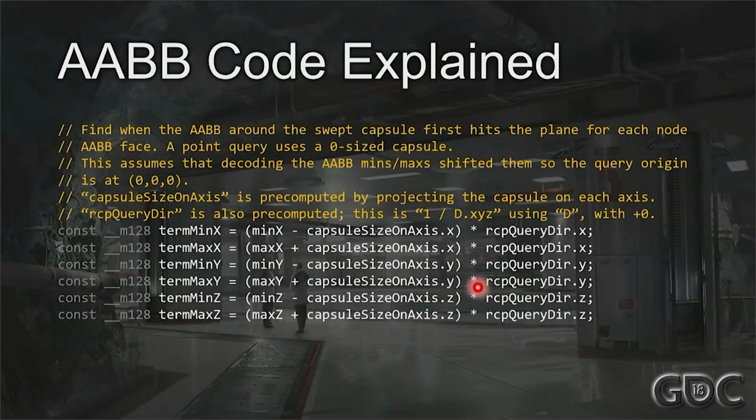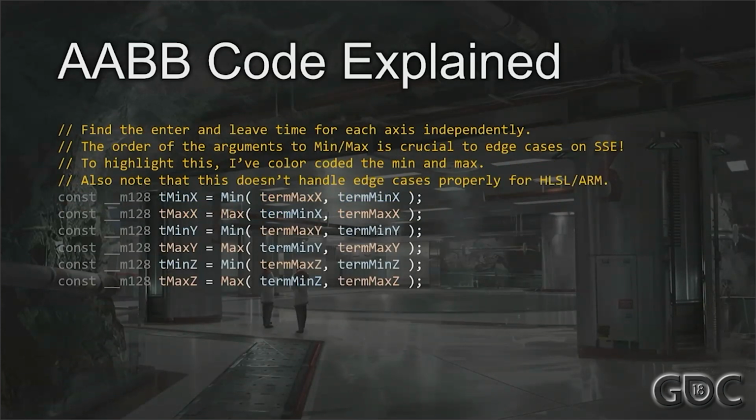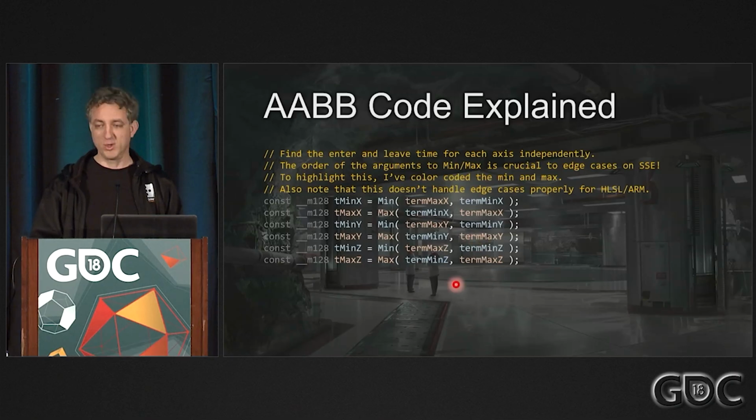Here, we're just finding all of the plane distances. This is mostly for reference later. Here, we combine them to find the enter and leave times for each axis. And again, this is for 4 boxes at once because it's SSE. I've highlighted that we're swapping the order of the min and max arguments for these min and max instructions.